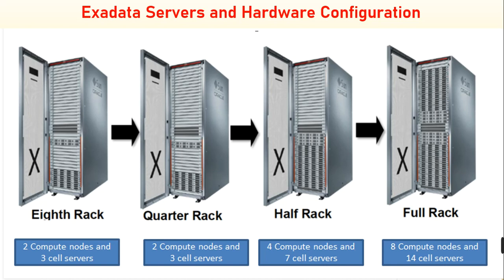Another one, the quarter rack, has 2 compute nodes and 3 cell servers, same as the eighth rack. Another is the half rack, with 4 compute nodes and 7 cell servers. And the full rack has 8 compute nodes and 14 cell servers, 14 storage servers.